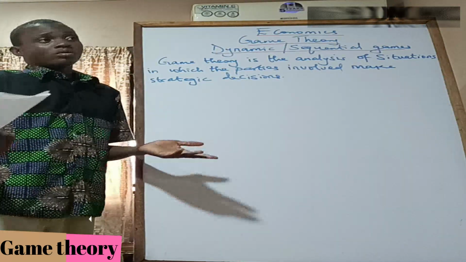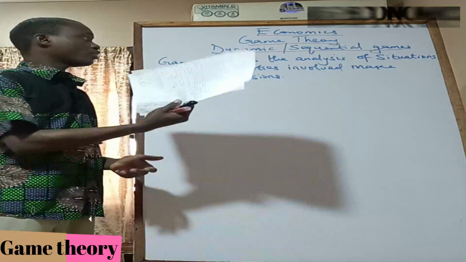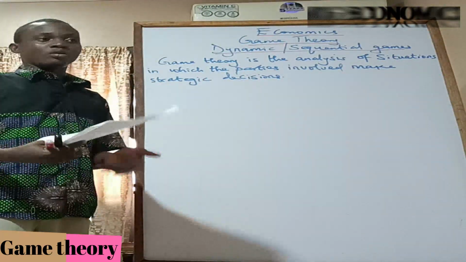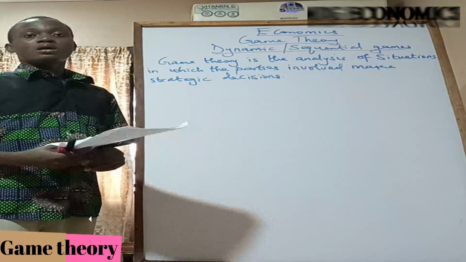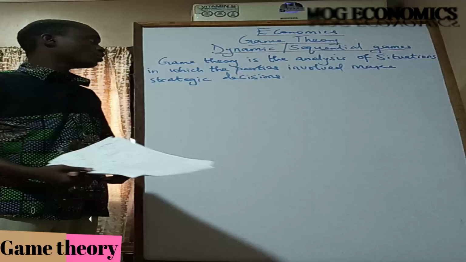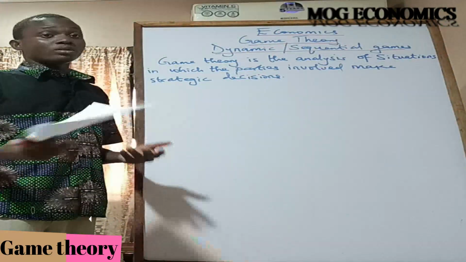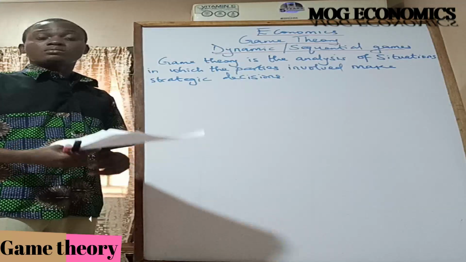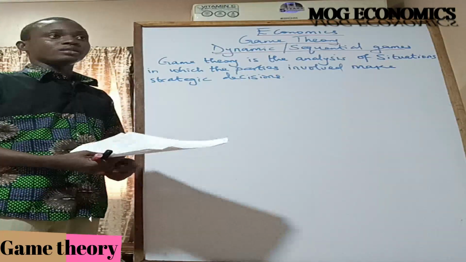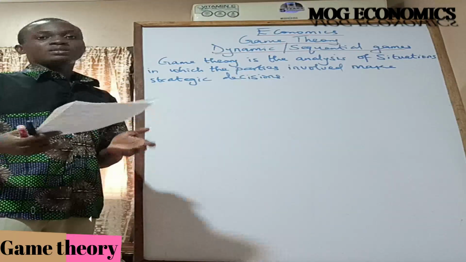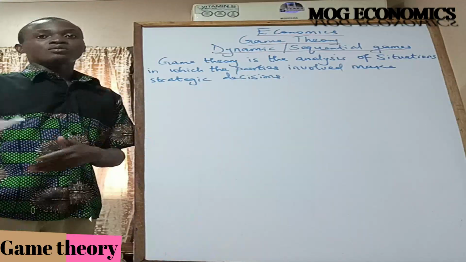Now, before now, you probably already know that game theory is just the analysis of situations where each member or each party involved takes strategic decisions. Right, the analysis of situations in which the parties involved make strategic decisions, and we've explained to ourselves that the interpretation of the strategic decision there is that the players' decisions are interdependent of one another.